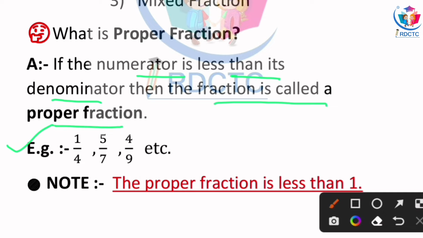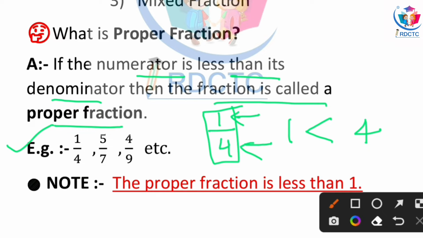Let's see the example. 1 by 4. Here 1 is the numerator and 4 is the denominator, and 1 is less than 4. Okay, that is why the fraction is called a proper fraction.